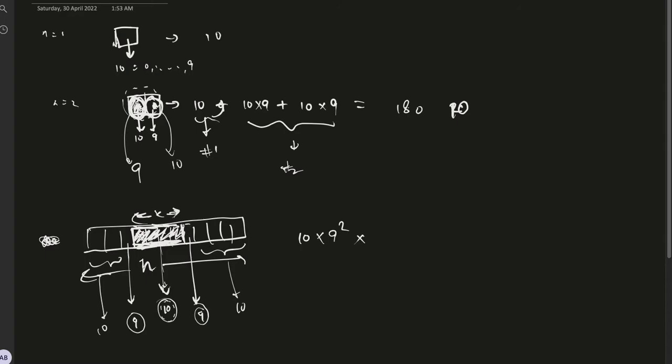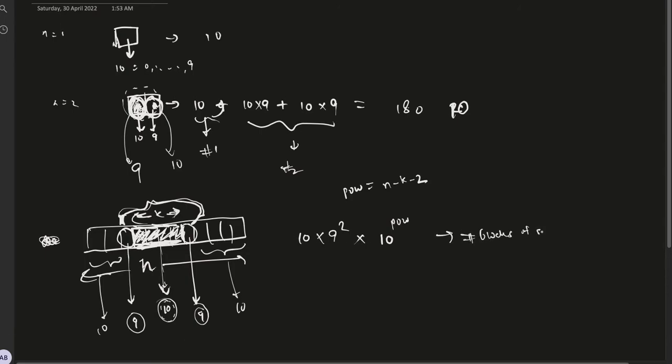So k plus 2 elements have been considered from this to this, and the number of remaining elements, depicted by pow, is n minus k minus 2. So this is the number of blocks of size k which do not start from the extreme left or end towards the extreme right.